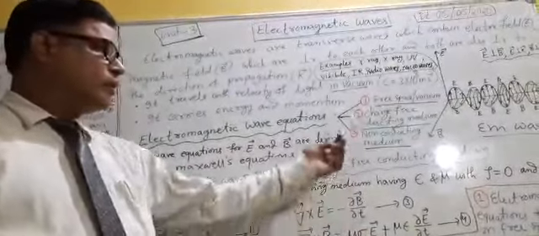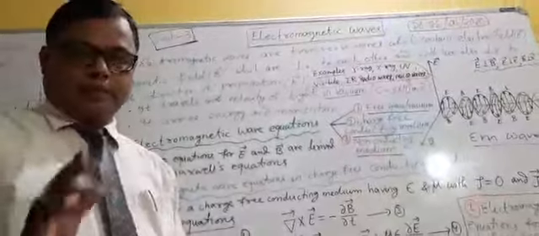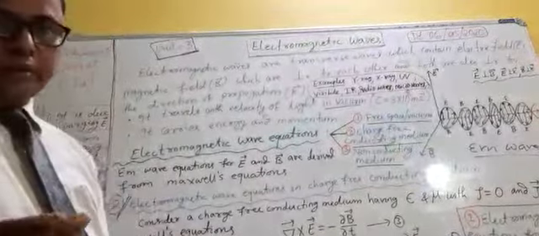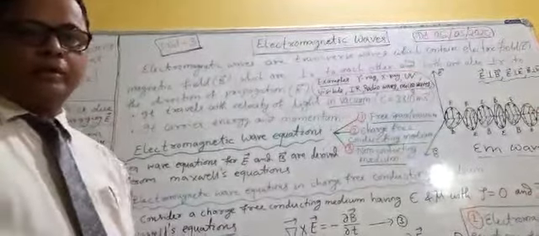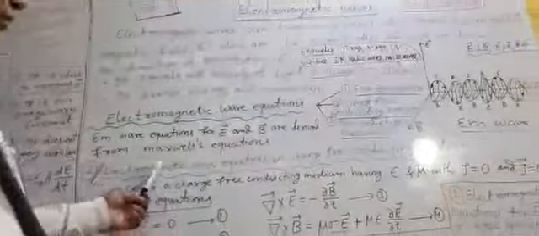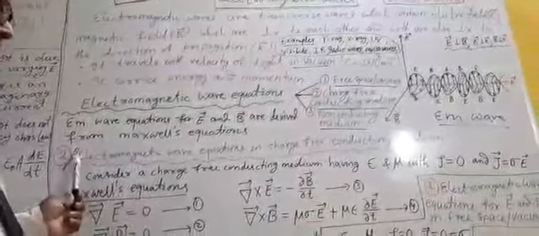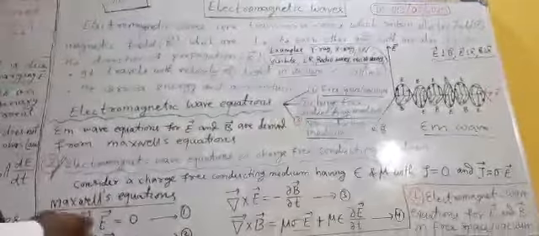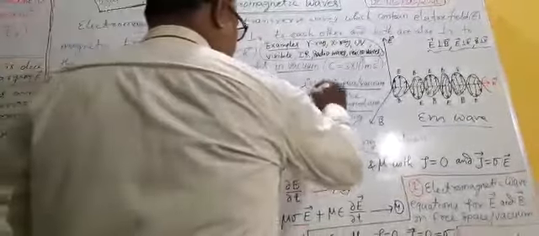Okay. So in each case we have to discuss the condition of the medium, then Maxwell's equations, and then we will find wave equations. Okay, come to this case, second case, electromagnetic wave equations in charge free conducting medium. So we are discussing the second case. From the second case we will find first and third case.